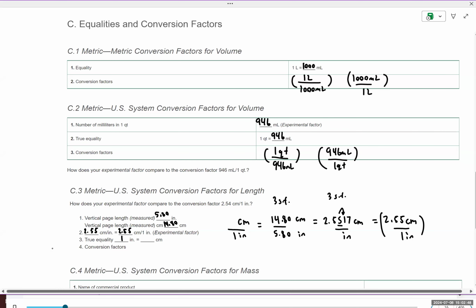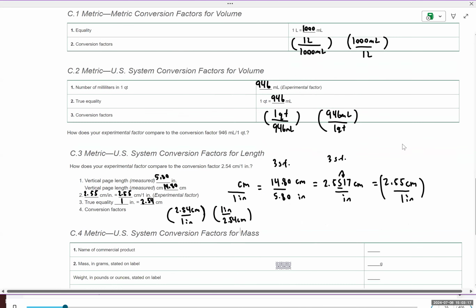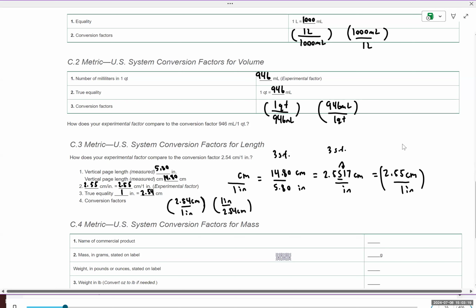In 1 inch, there are 2.54 centimeters. To write these equalities as conversion factors, all we have to do is pick one quantity and place it on the top, so 2.54 centimeters per 1 inch, and we could repeat this process by writing the inverse, where in 1 inch, there are 2.54 centimeters. So with that, we've completely filled in part C3 for conversion factors involving length.